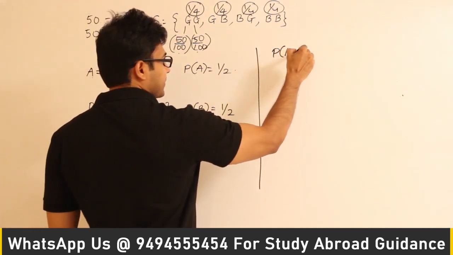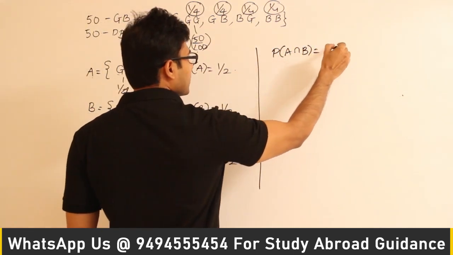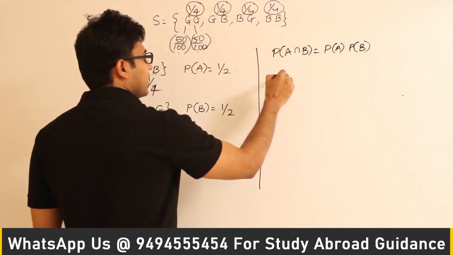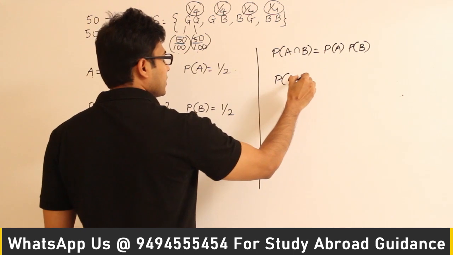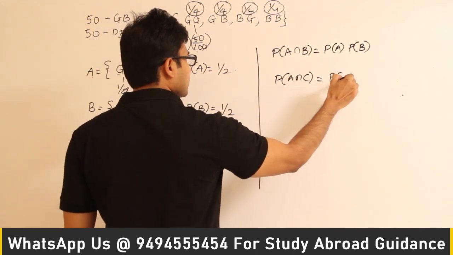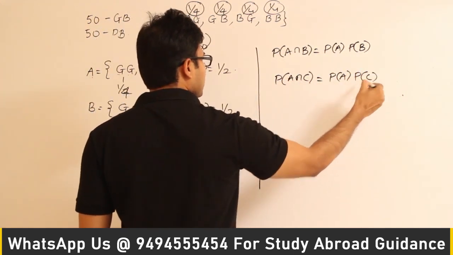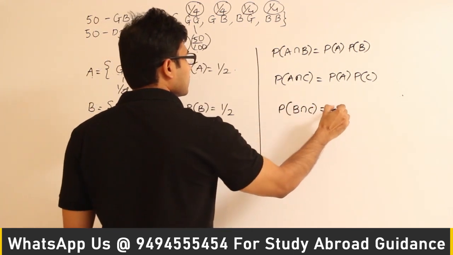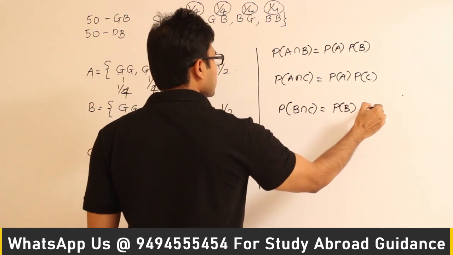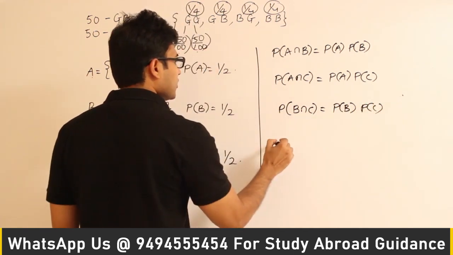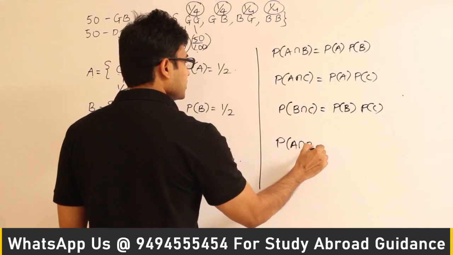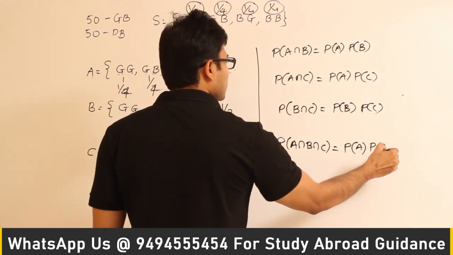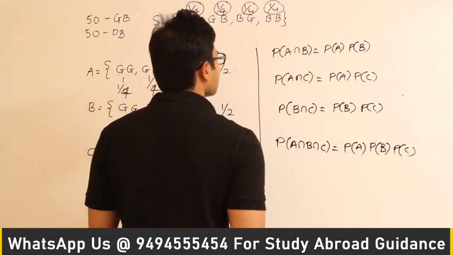P of A intersection B, you should verify whether it is equal to P of A into P of B. Similarly P of A intersection C, we should verify whether it is equal to P of A into P of C or not. And then P of B intersection C, we should verify whether it is equal to P of B into P of C. And similarly we have to verify one more formula, P of A intersection B intersection C should be equal to P of A into P of B into P of C.